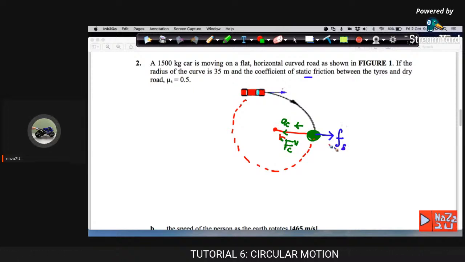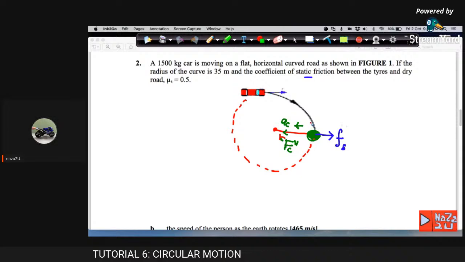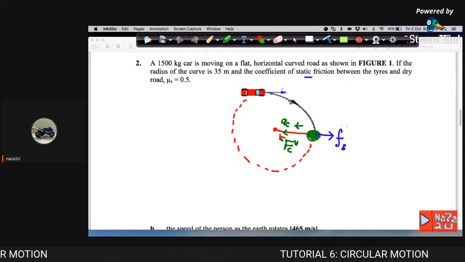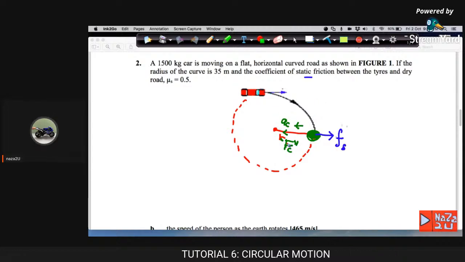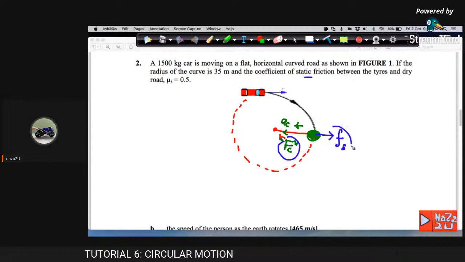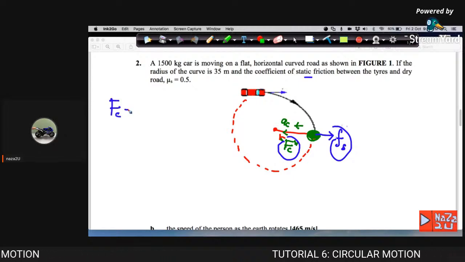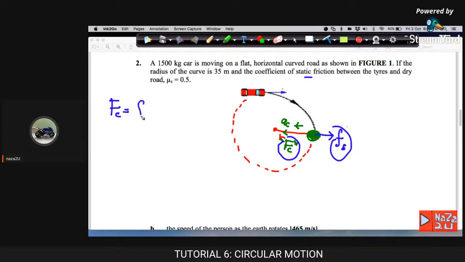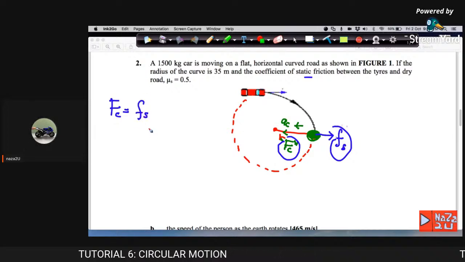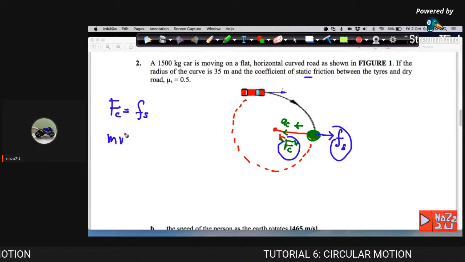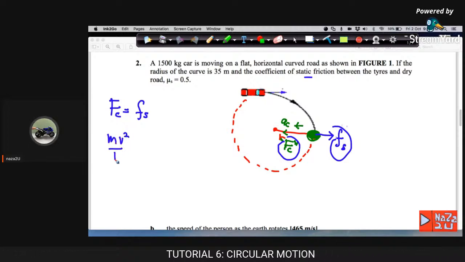So meaning here, to make the car successfully continue moving in the curved track or curved road here, the centripetal force of the car is equal to the friction force, right? Friction force. So centripetal force equation, kita tahu mv square divided by r.